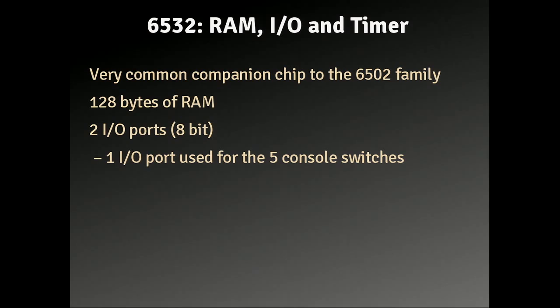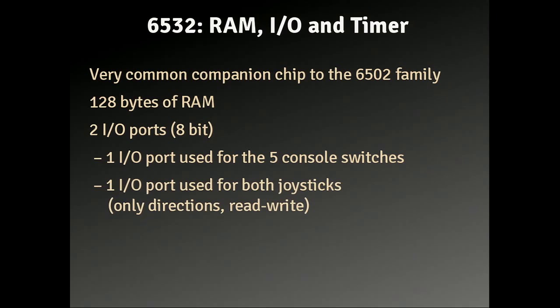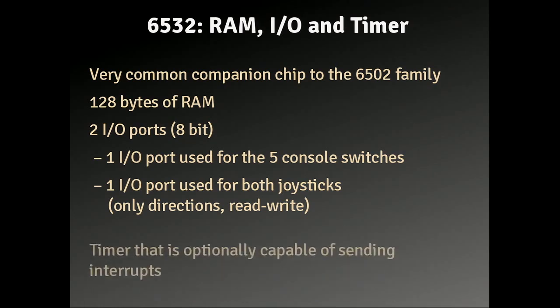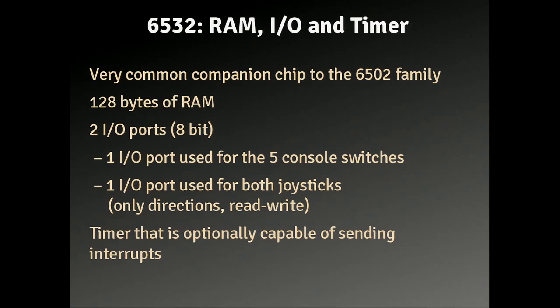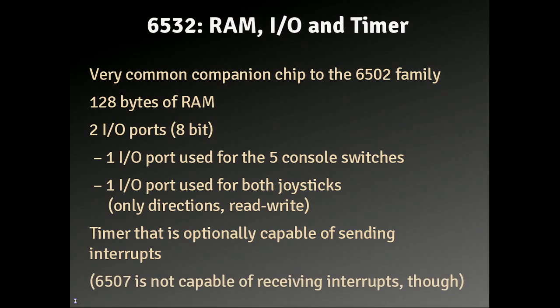You have 2 difficulty switches, a black and white switch, reset game, and select game. The other one is for the I/O ports of both joysticks, and these are only the directions. The fire buttons are connected to the TIA. And we have a timer that is capable of sending interrupts, but the 6507 is not capable of receiving interrupts.